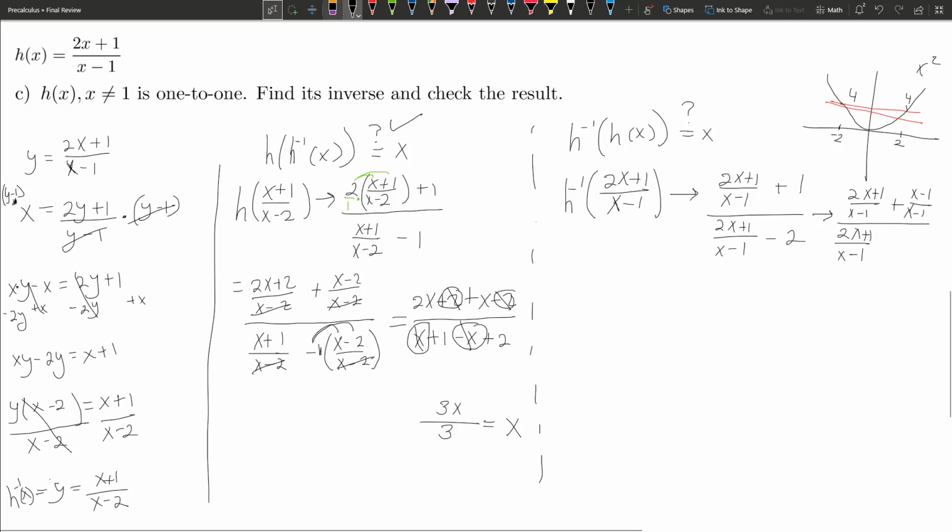Now, this is a 2, so what I'm really going to do is multiply by a number 1, but the version of the number 1 I'm going to use is x minus 1 over x minus 1. Right? Because x minus 1 over x minus 1 is the number 1. And if I multiply the number 1 by any number, I don't change the value. So that's all I'm really doing.